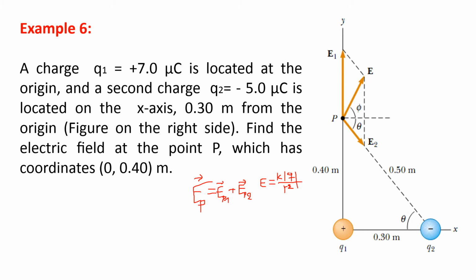Charge Q1 is positive, so the electric field due to a positive charge is oriented away from the positive charge. That is the reason why the electric field due to charge 1 is oriented along positive y. And the electric field due to a negative charge is oriented towards that negative charge. That is the reason why electric field 2 is oriented towards the charge Q2.